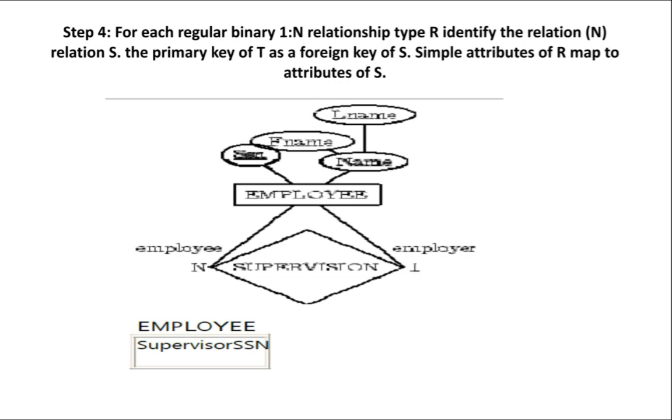For example, here you can see employee SSN is used as the supervisor SSN in the 1:n relationship. Hope you are understanding, right? And also, if you want, you can include the simple attributes.